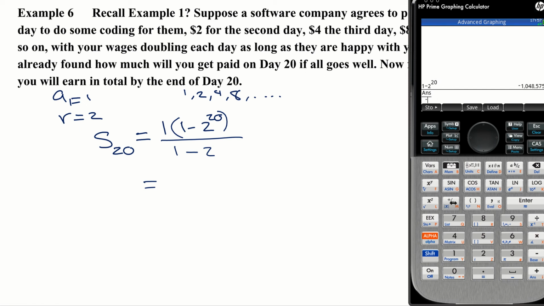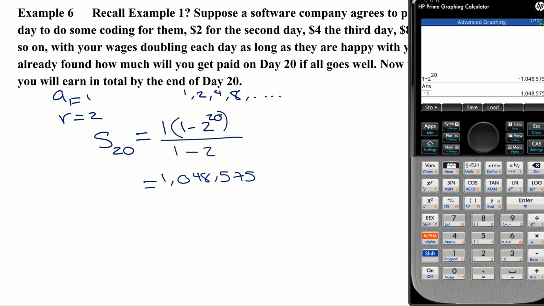I did it in 2 steps, no big deal, it's the same thing. But we have to make sure we use this negative. The cursor is acting funny for some reason, but it doesn't matter as long as it gives us the right answer. So you would have been paid this much by the end of 20 days: 1,048,575. Okay, so that's how we find these geometric sums.